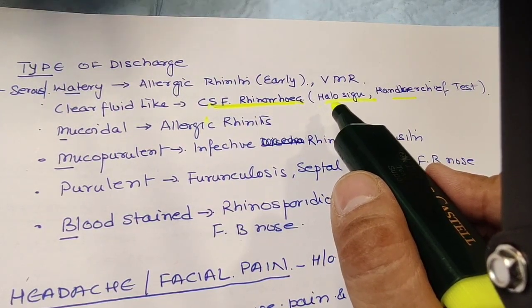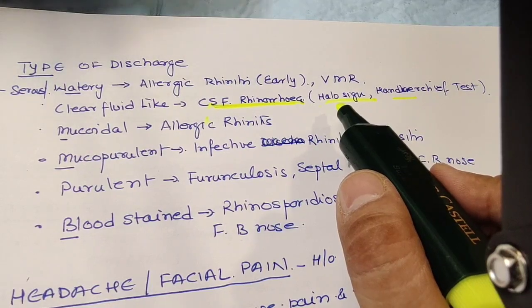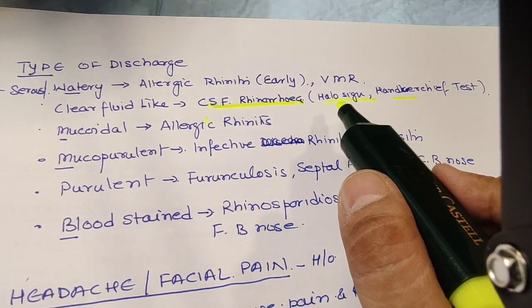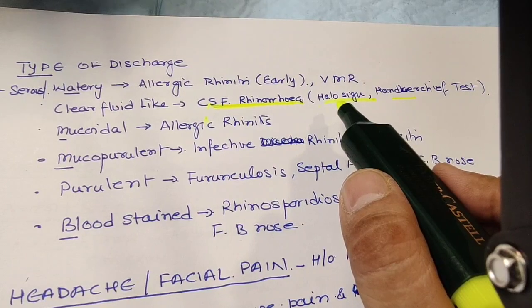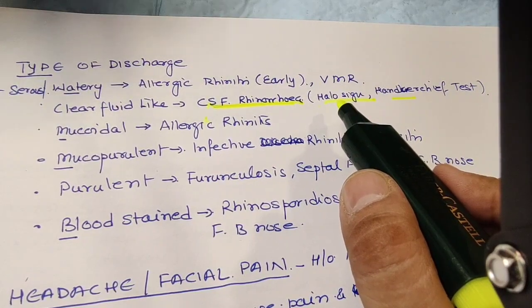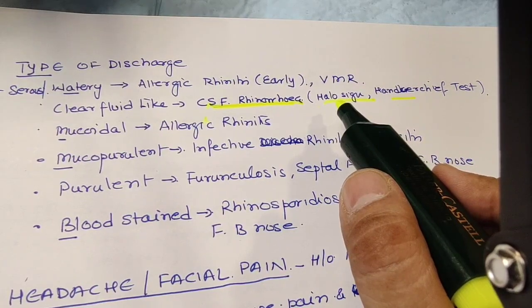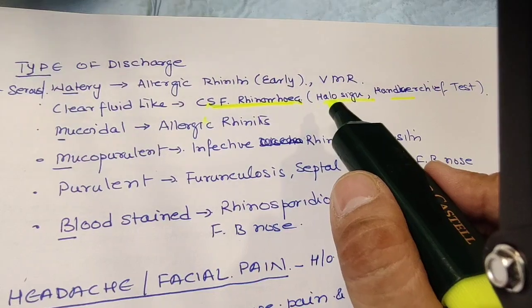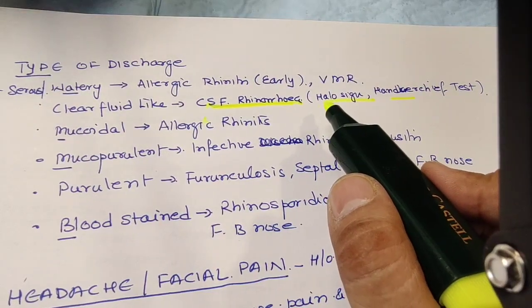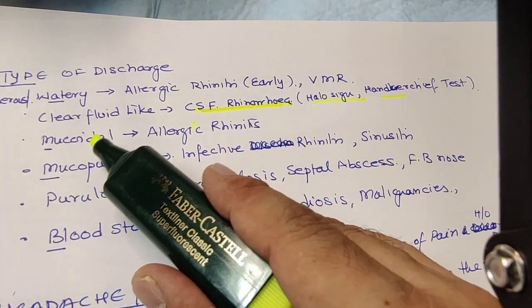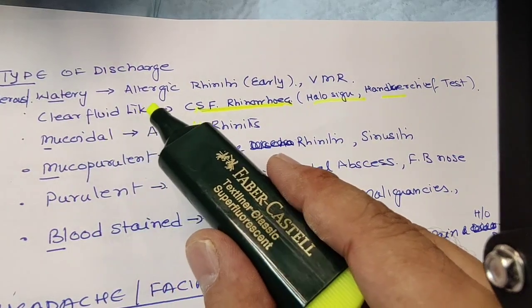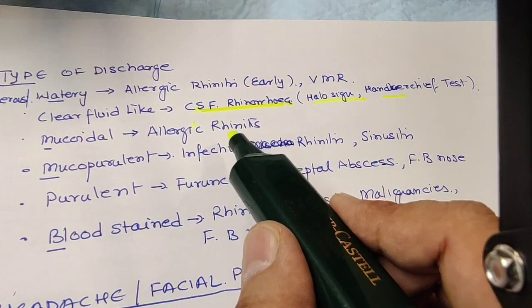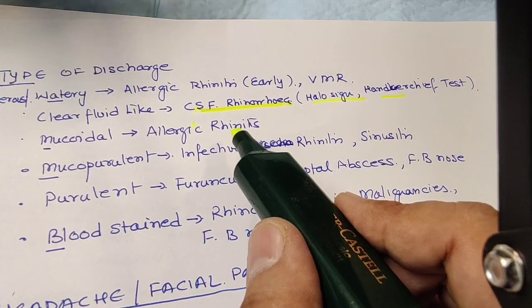And another important thing about this discharge in the handkerchief test is that the handkerchief does not become hard. So there is no crusting, or there is no tightening of the handkerchief, which is there in cases of allergic rhinitis, where you have mucoidal discharge, which dries up and makes the handkerchief a little stiff.